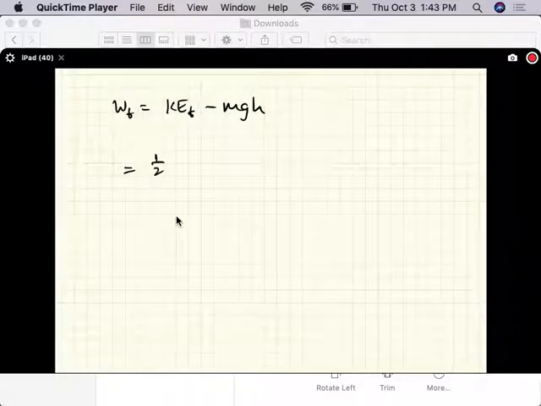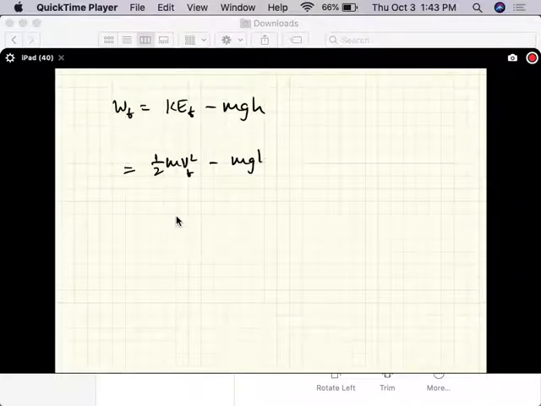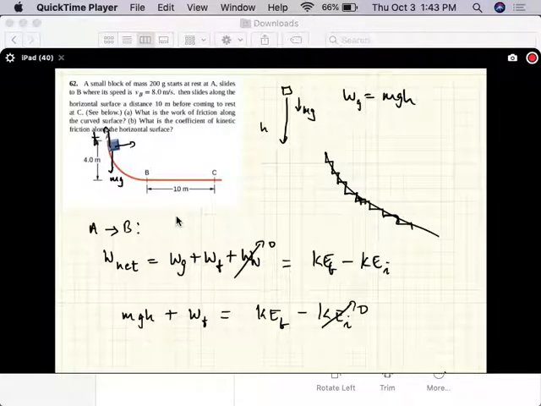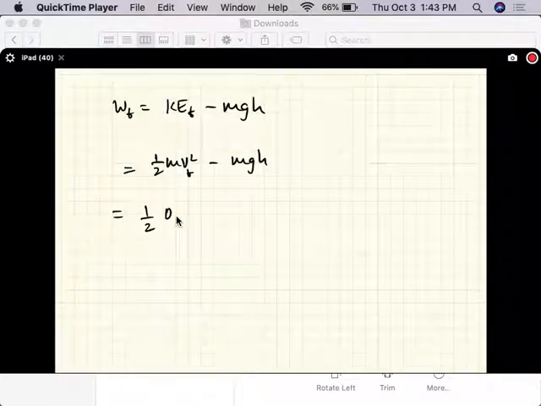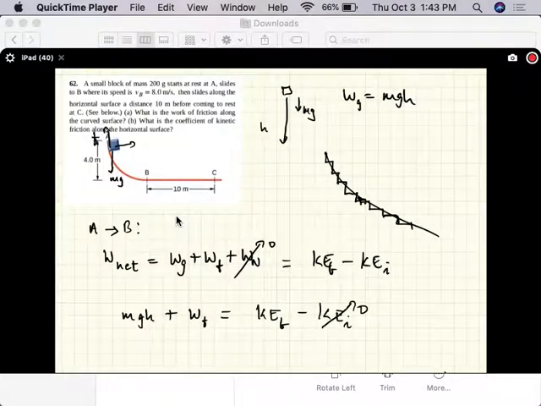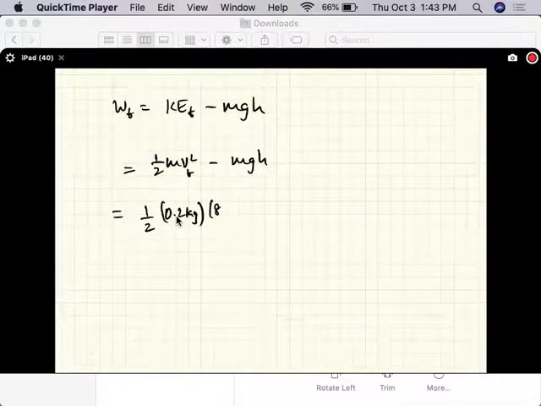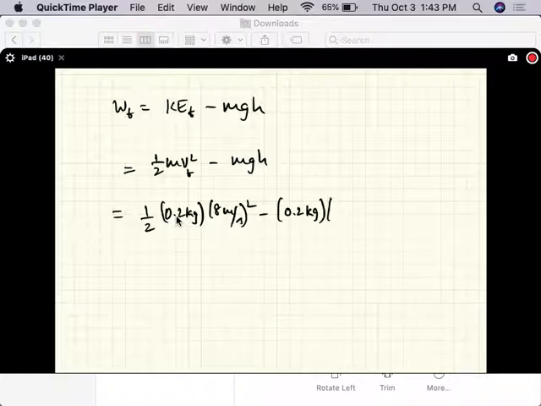So 1/2 mv squared minus mgh. What is the mass of the object? 0.2 kg. The final velocity is 8 meters per second, and the object fell 4 meters.